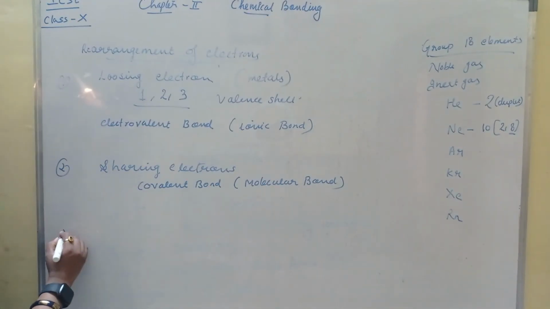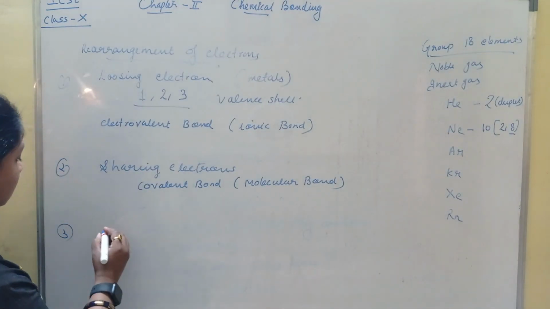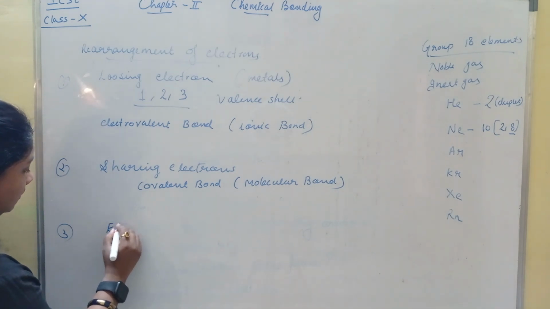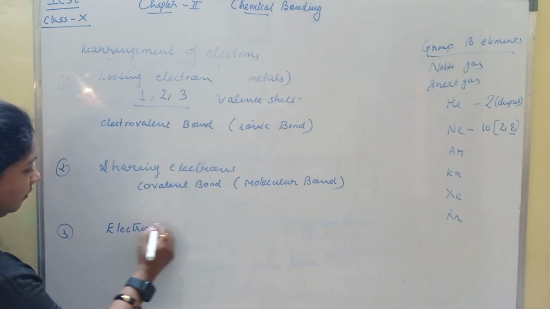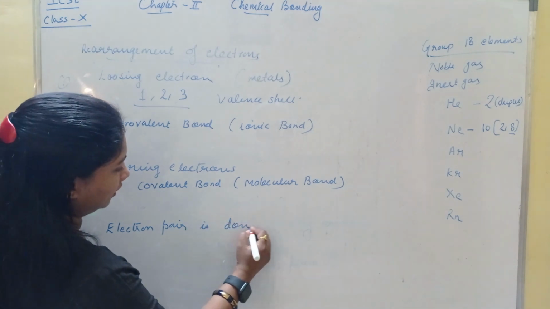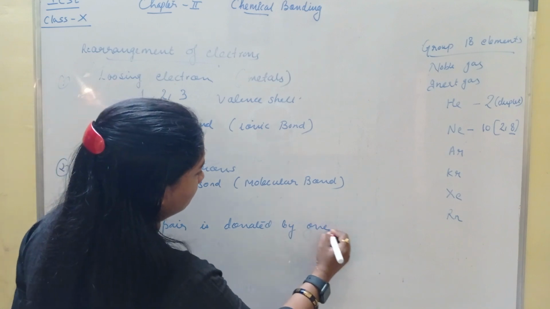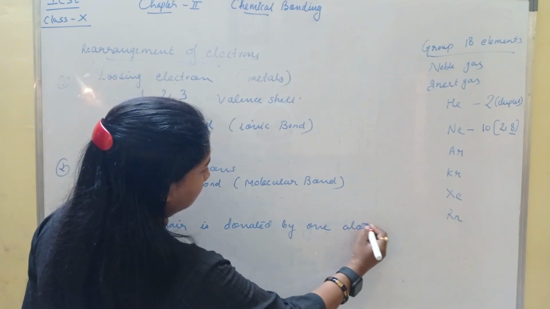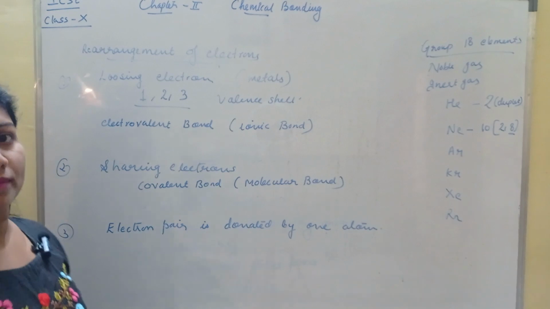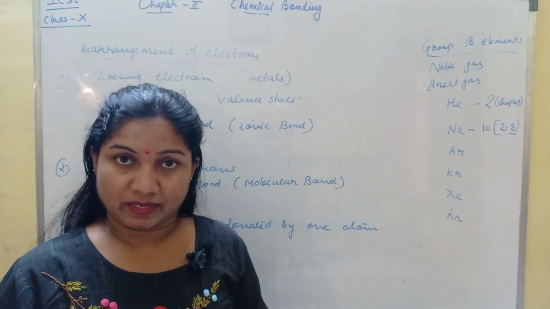And the third is that an electron pair is donated by one atom. Means during the chemical combination, one atom donates the electron pair.